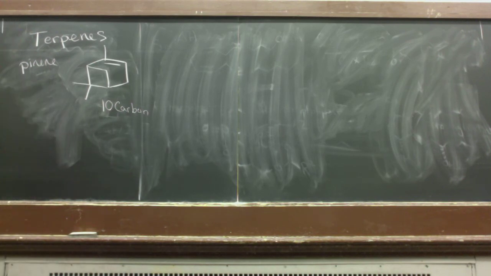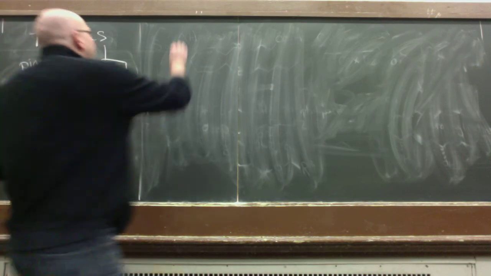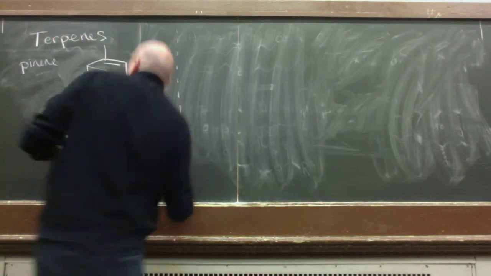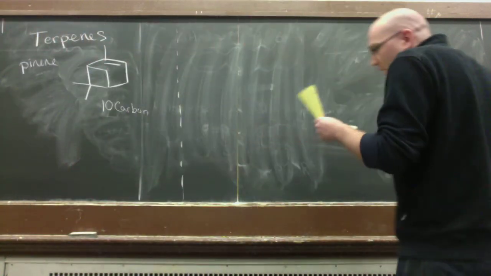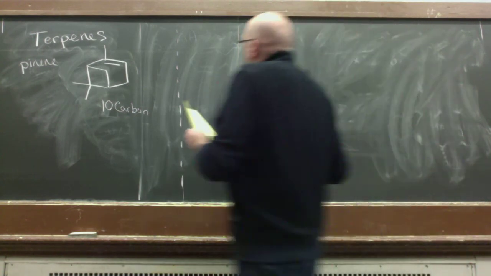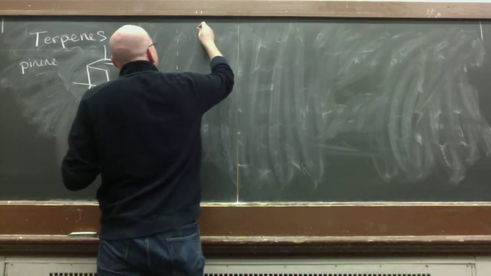There are ones in between that have funny names, but they're all part of the same class of molecules. Now, I'll get back to pinene in a second to illustrate something that can help you identify whether or not a molecule is a terpene, and it has to do with the biosynthesis of these molecules.